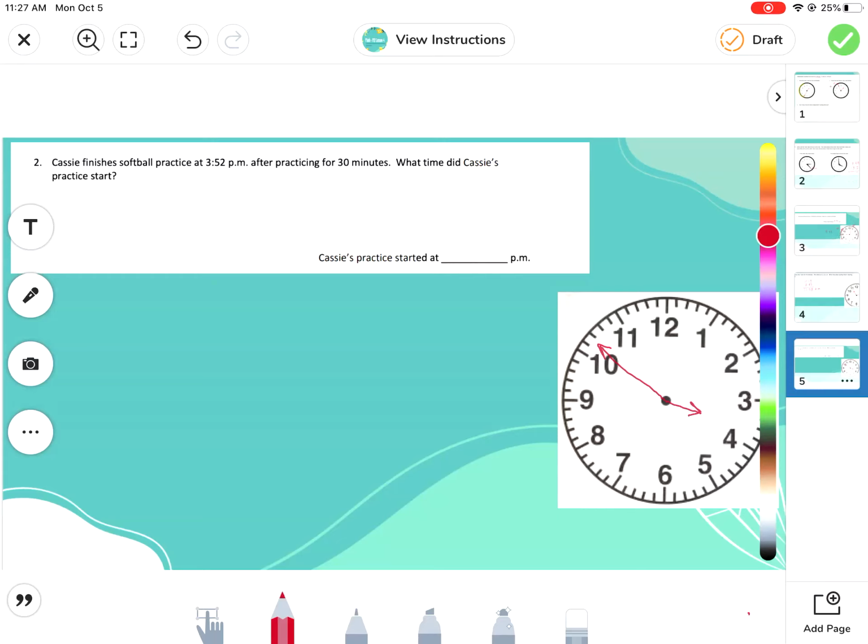And they practiced for 30 minutes. So we need to go backward this time because we are figuring out when it first started. So when we are going backward, we know that we need to subtract the minutes, which is 3:22.